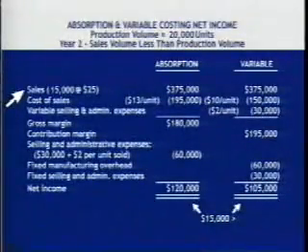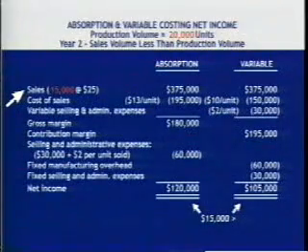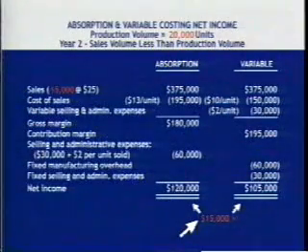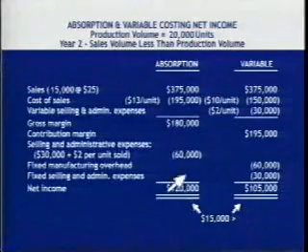In year 2, sales of 15,000 units are 5,000 units less than production. This will result in absorption net income exceeding variable net income by $15,000. This is how it works. Sales revenues are equal at $375,000.